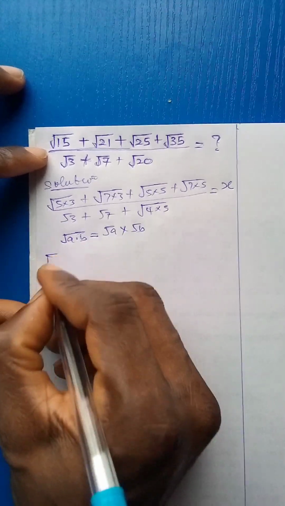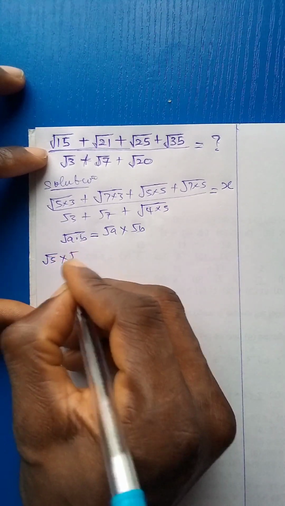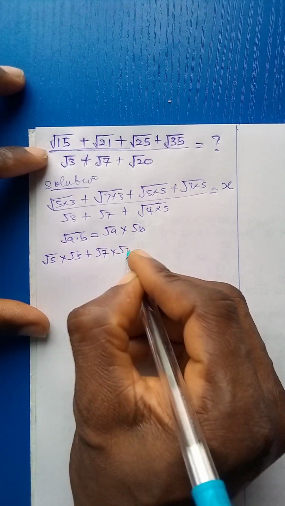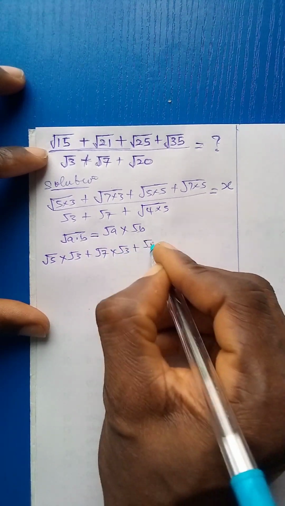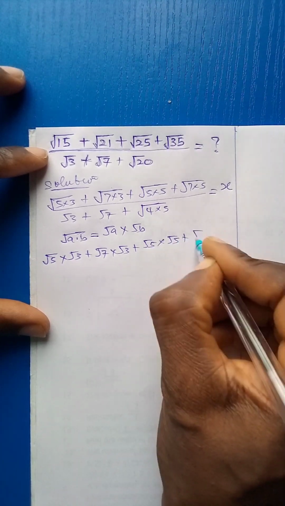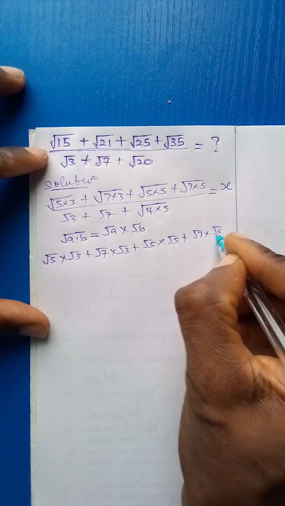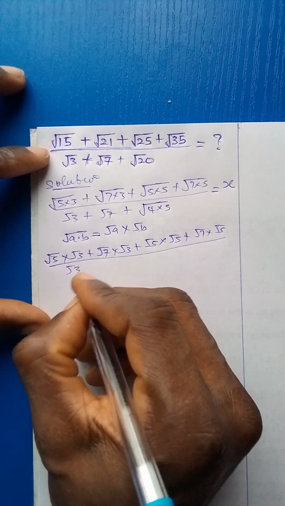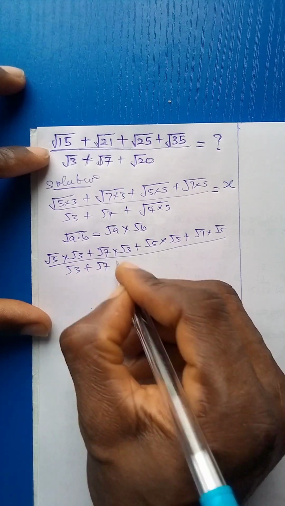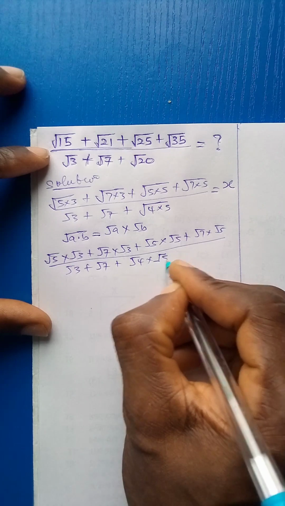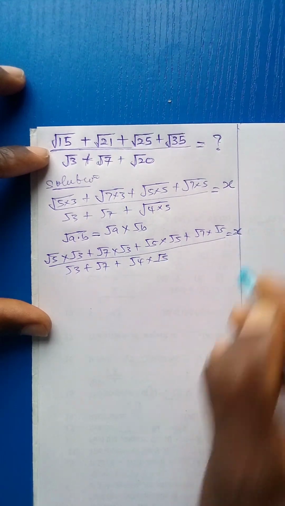So it becomes root 5 times root 3 plus root 7 times root 3 plus root 5 times root 5 plus root 7 times root 5 all over root 3 plus root 7 plus root 4 times root 5. Let's remember it is equal to x.